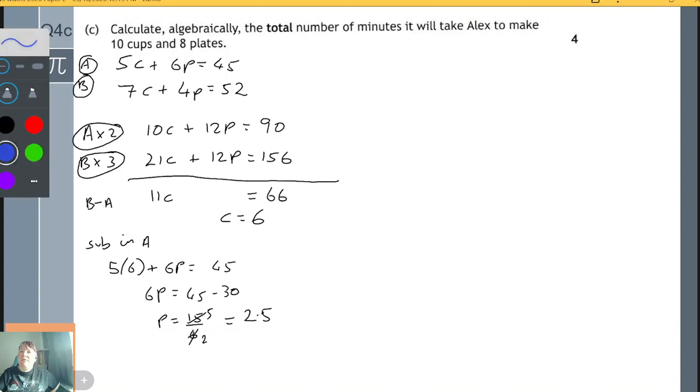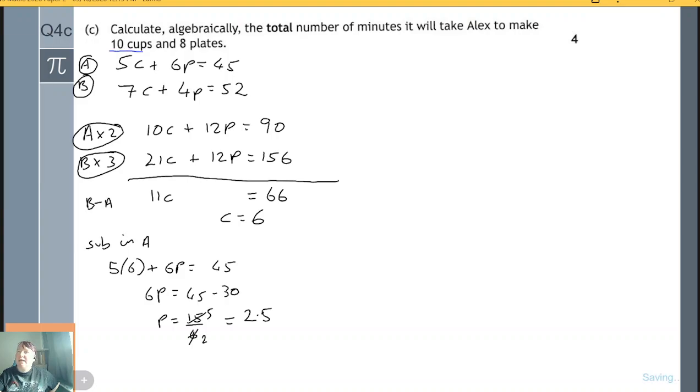Now we've got to do the other thing it's asking us to do, which is 10 cups and 8 plates. So 10 cups and 8 plates. That's 60, and 8 times 2.5 is 20.